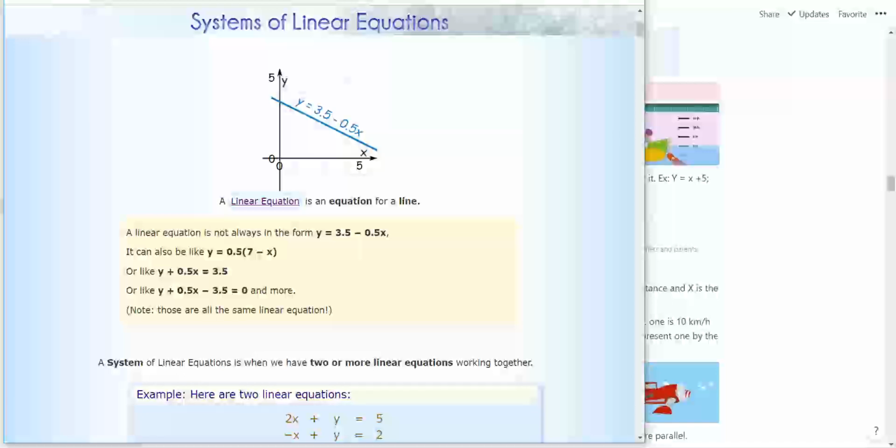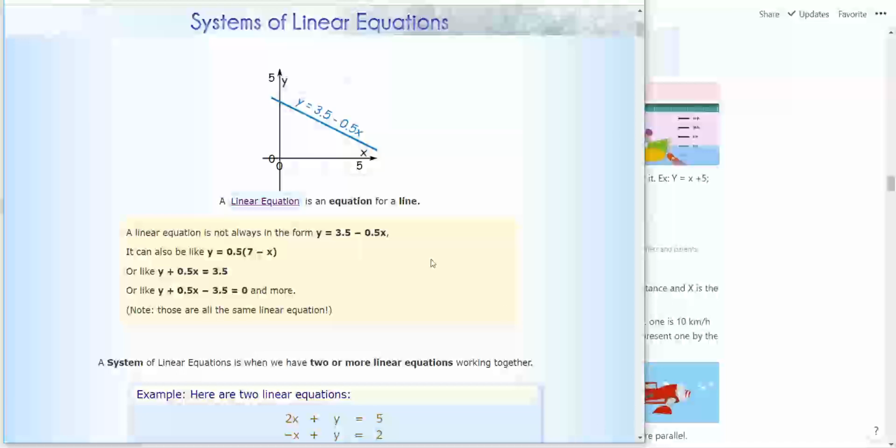If it's 3D, then the space is overlapping. But if it's an illogical equation, where the left hand side does not equal the right hand side, then in this case there is no solution whatsoever.